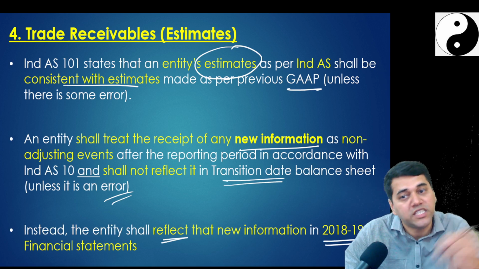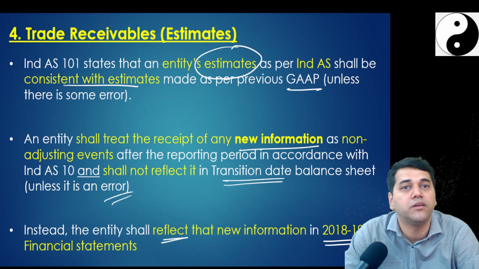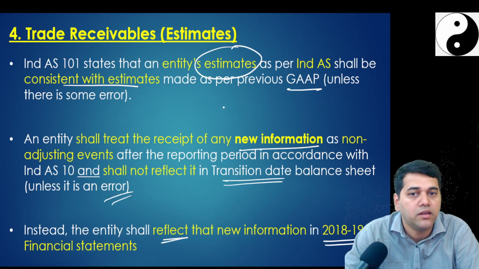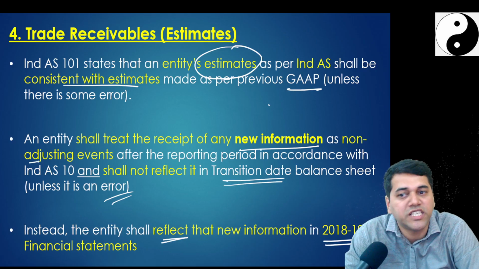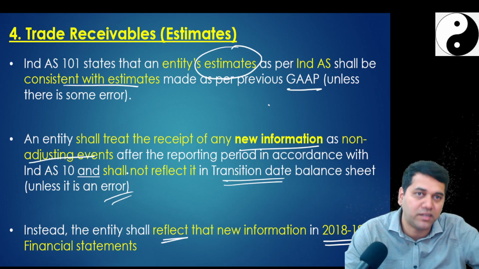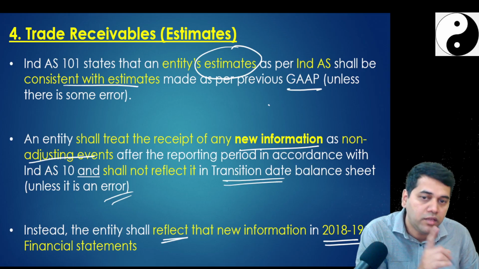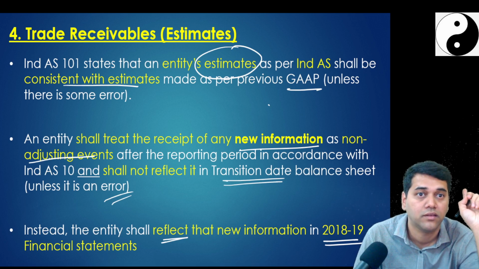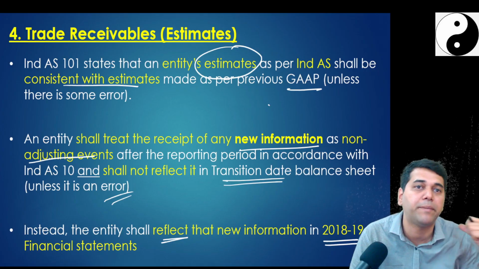Non-adjusting here is not from the Ind AS 10 perspective, from 1st April to your board of directors approval. When did you carry out this exercise? Maybe today. Will you apply it retrospectively one year back? Then it would be an adjusting event. Here adjusting or non-adjusting means: will I adjust the opening balance? Today, are we going to adjust 1st April or only the comparative?